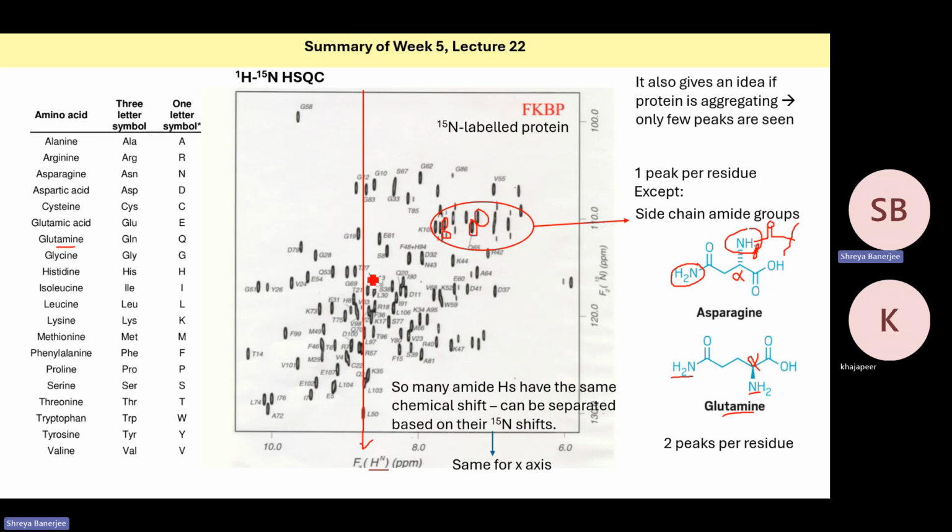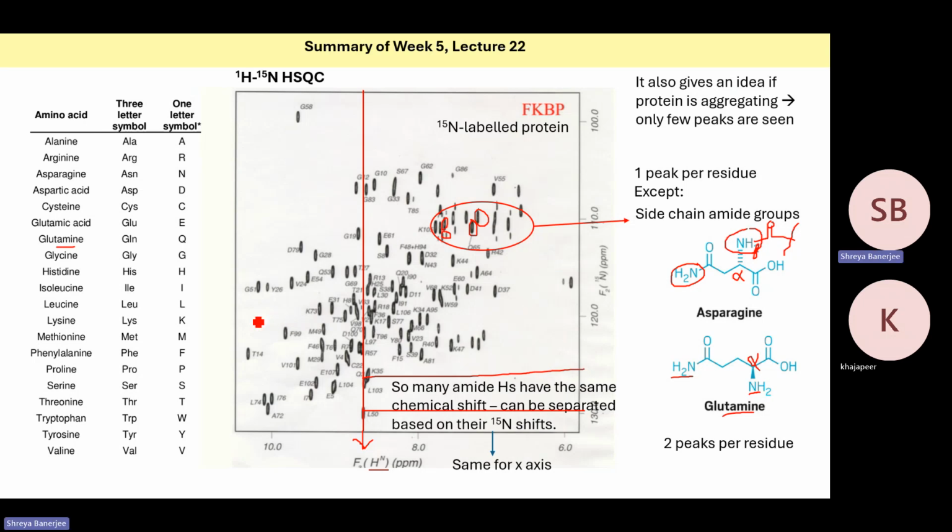So all these residues have the exact same amide proton chemical shift. So if you were taking the 1D NMR spectra of this protein, they would all show the same 1H amide chemical shift. So how do you distinguish them? You distinguish them based on the 15N chemical shift. This one has a different 15N, this one has a different 15N, likewise.